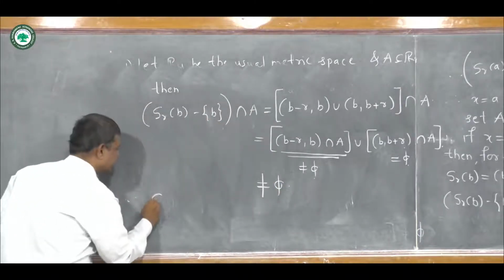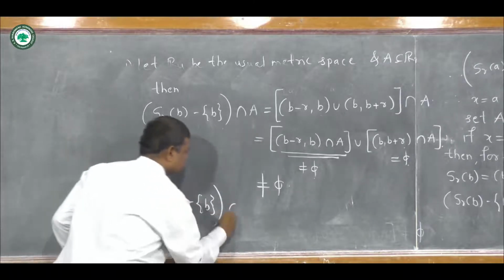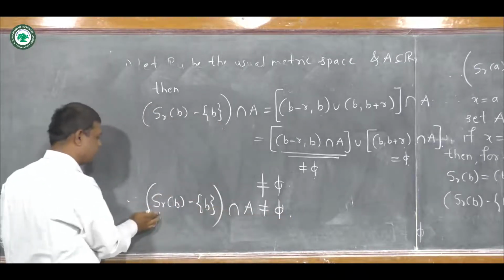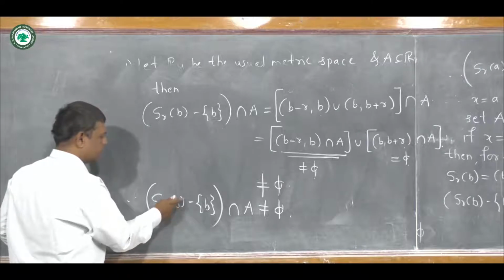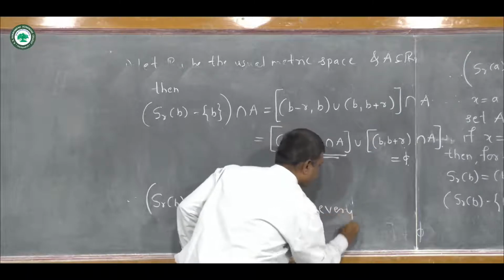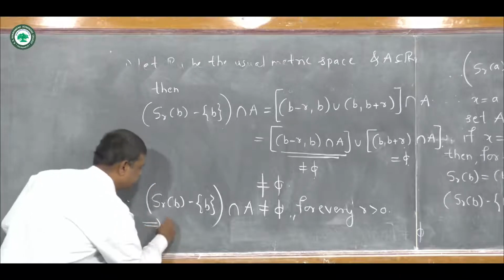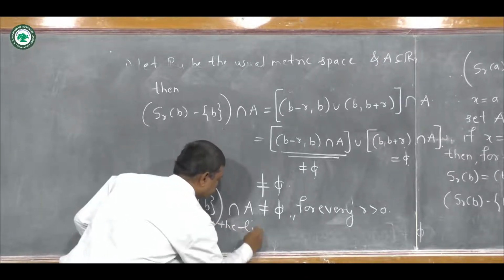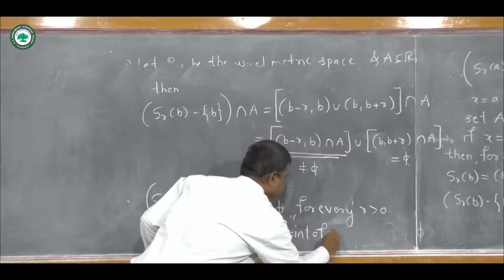Therefore the intersection of set A with the open sphere S_r(b) with its center deleted is always non-empty for every r greater than 0, so by the definition of limit point, x equal to b is a limit point of the set A.